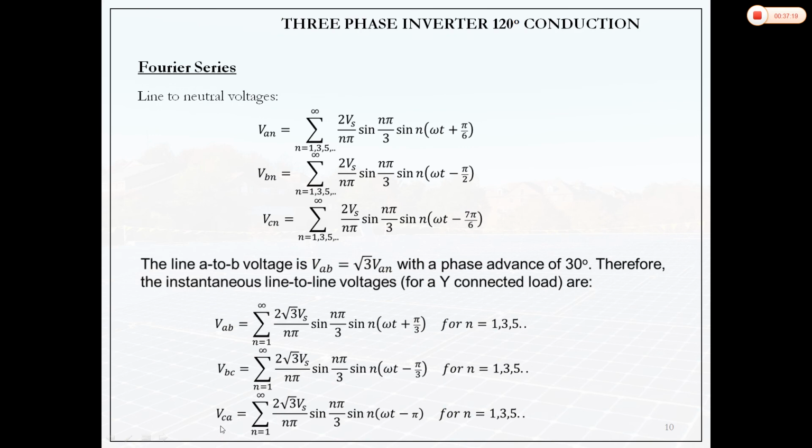Again, VCA will be shifted from VBC by 120 degrees, so minus pi by 3 minus 2 pi by 3 results in minus pi here. From these waveforms, you can find the RMS value of the fundamental and the RMS value of a particular harmonic component. So in numericals, if it is asked what those values are, first you have to write these equations, then calculate the values.